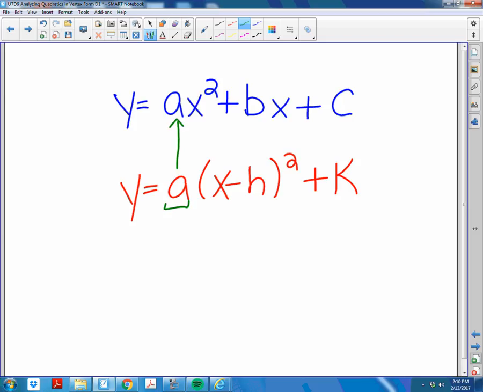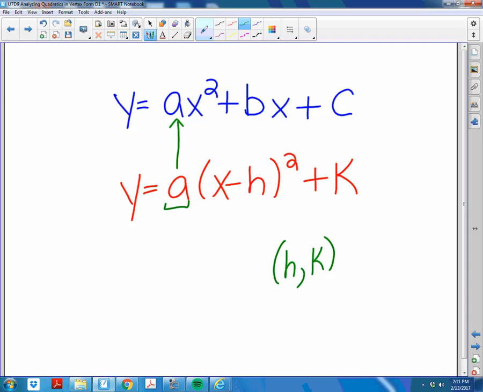So the number in front of the parentheses still tells us, does it open up or down, and still tells us whether it's wide or whether it's narrow. But what it does other than that is it gives us the vertex, because the vertex is located at the point (h, k). The ordered pair (h, k) is the vertex. It's why it's called the vertex form of a quadratic.